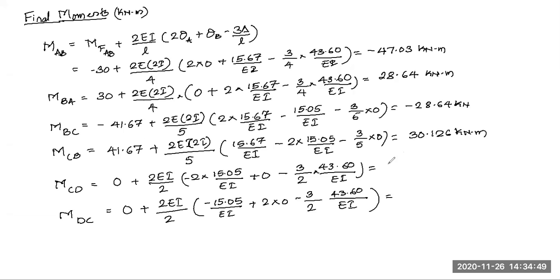Minus 95.5. MCD, you are getting minus 95, but that will not be cancelling MCB. Is that okay, all our calculation? That should not be like that.